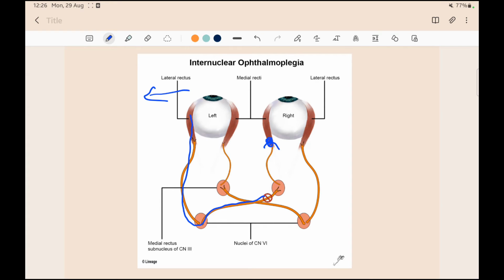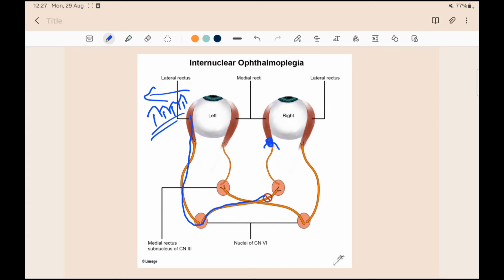And due to this adduction defect, what happens? Your lateral rectus muscle is overfiring because you have to see the left side, so your right eye also has to face towards the left side to see the whole picture of the universe, but it does not happen. So the lateral rectus gives a signal to the medial rectus via the MLF to fire, but it is not firing.